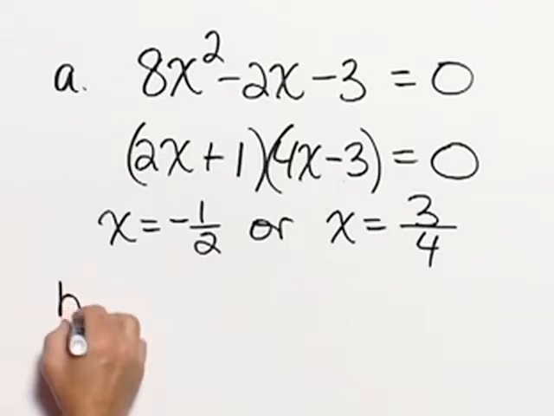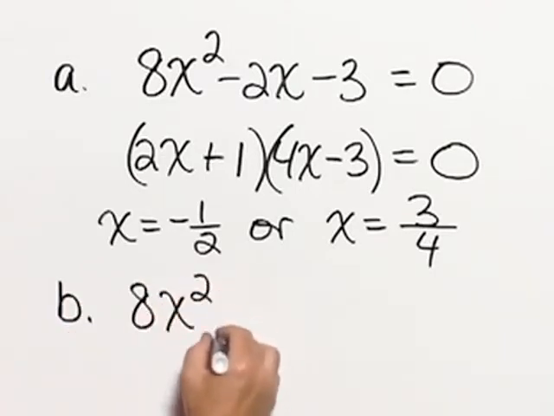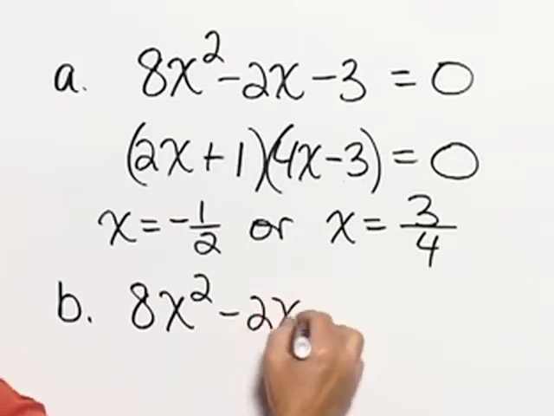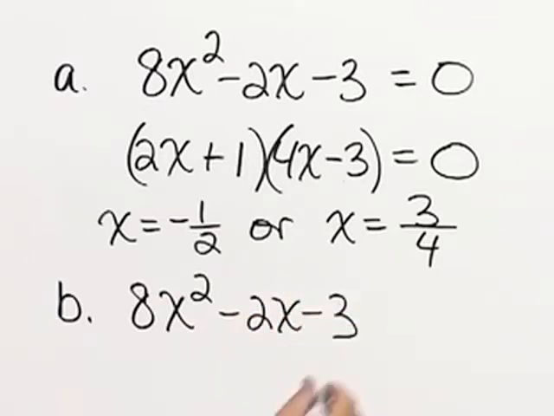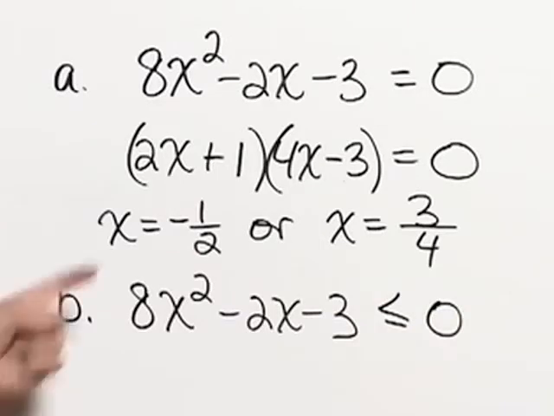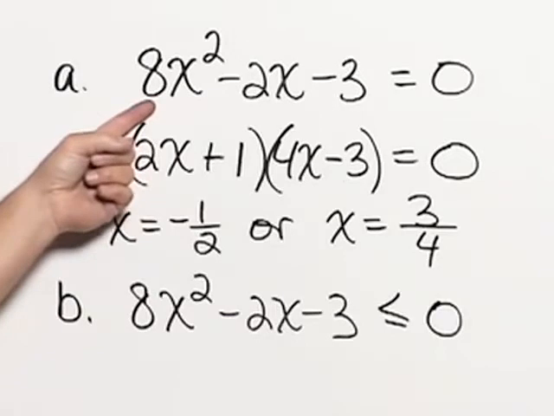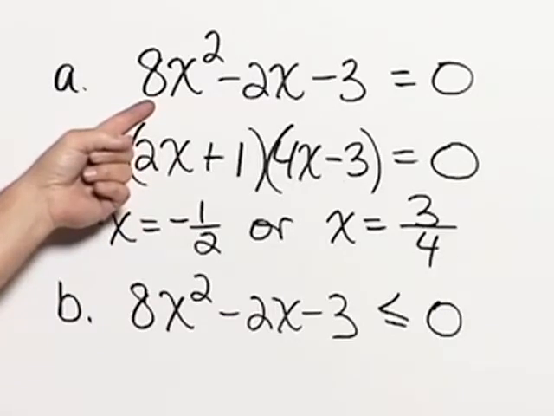Now for B, we are supposed to solve the same expression, 8x squared minus 2x minus 3 is less than or equal to 0. Notice that the coefficient of the x squared term is 8, and that means it's a parabola that opens up.